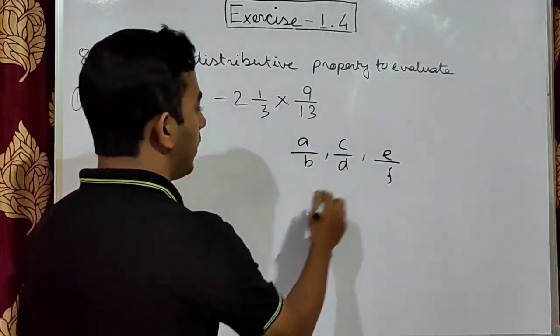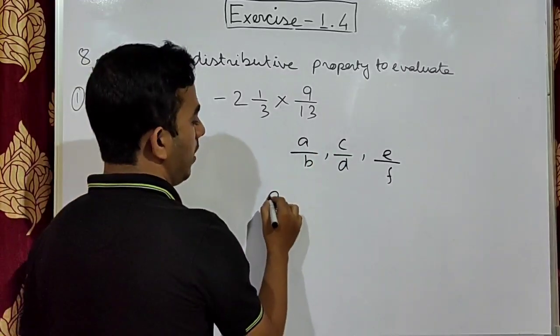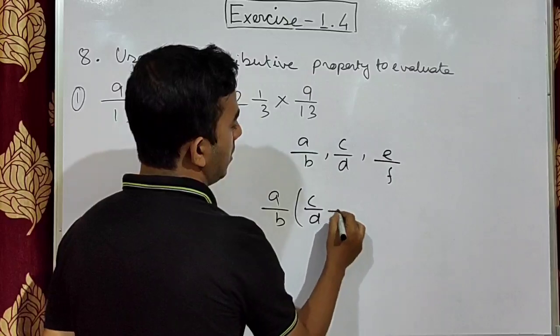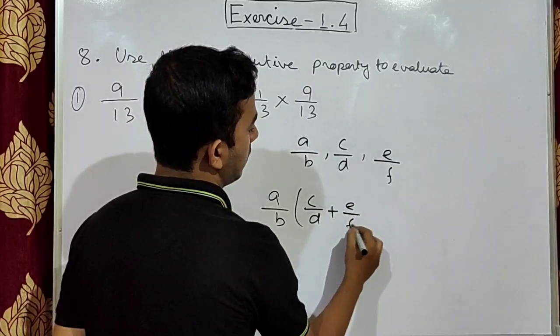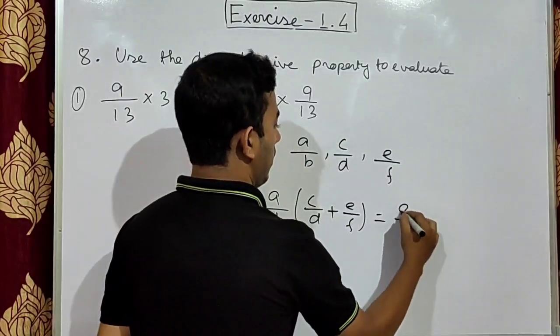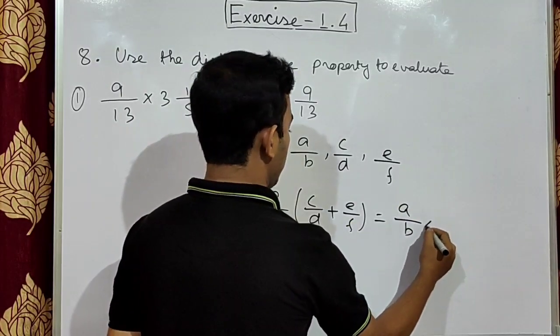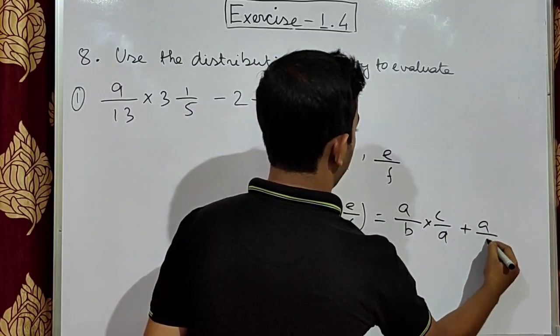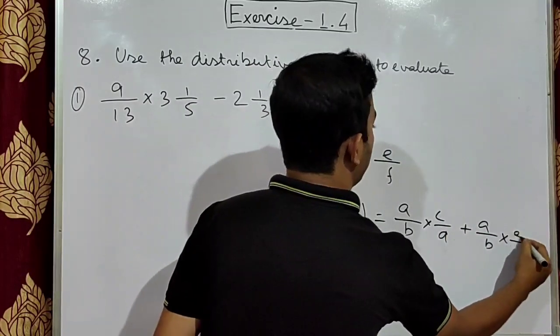If they are in the form a by b into c by d plus e by f, they can be written like this also: a by b into c by d plus a by b into e by f.